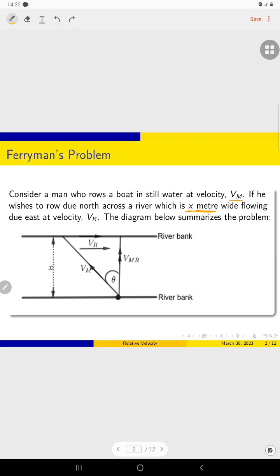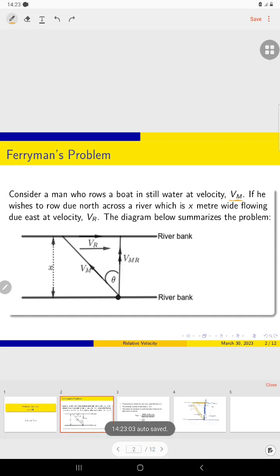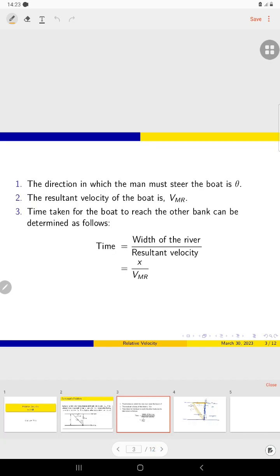How does it summarize? The river is moving towards the east. The man wants to move at right angle, so what direction must he move? He must move this way before finally coming here. So this Vm is the velocity with which the man rows the boat. We are defining our terms here.